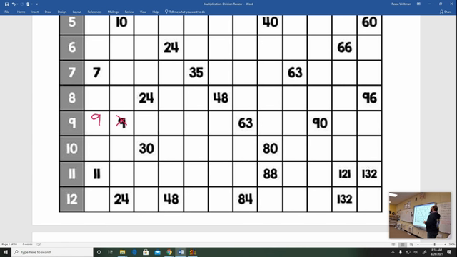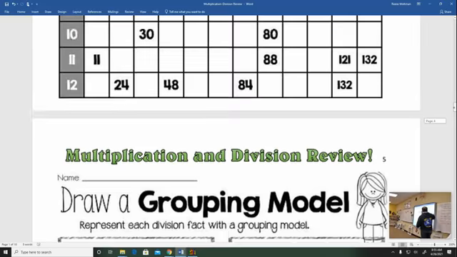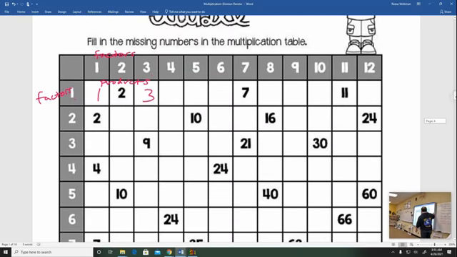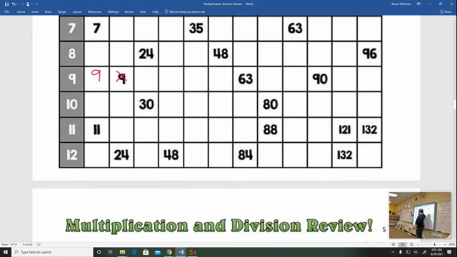Nick. On the 10, what's on the 10? You think the 30 is not on the third? Oops, I went too far. Looks like it's on the third to me. Are you talking about right here? Yeah. Yeah, that's on the third. 10 times 3.